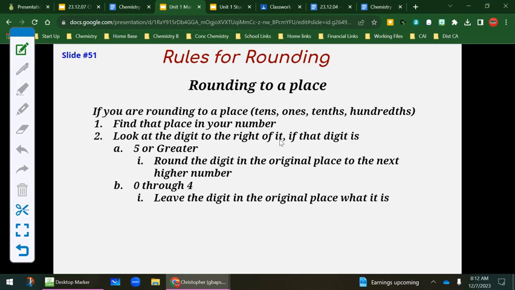If the next digit is odd, you leave it. If it's even, you would round up. We're not going to get that crazy about this. 0 through 4, we leave it. 5 through 9, we round up. Basic rules of math.